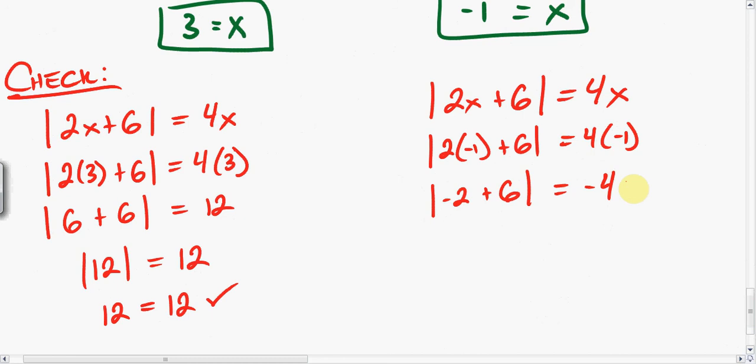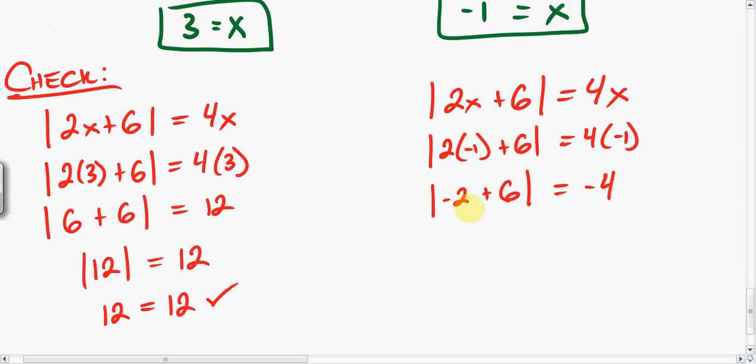Now this may be pulling up a red flag for some of you. We've got an absolute value on the left side, and what do we have on the right side? A negative number. Can the output of an absolute value ever be negative? No. So if you recognize this, automatically you can say, hey, this isn't right. Something's wrong here. This must be extraneous.